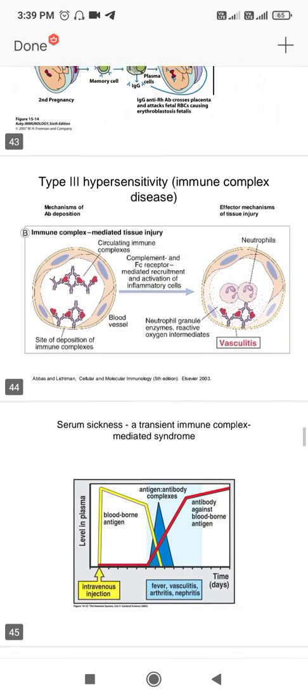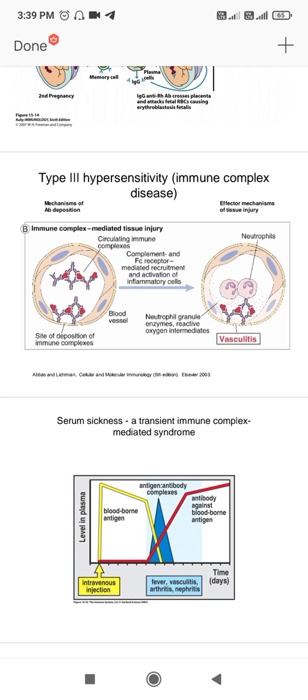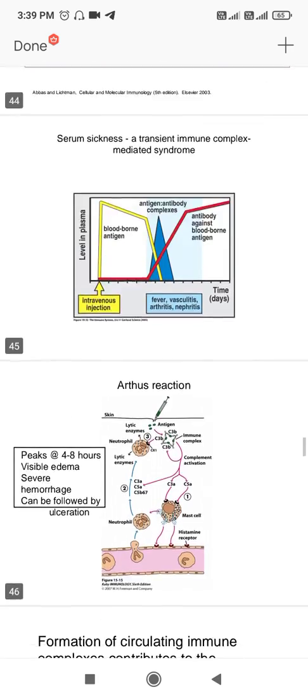In type 3, it is due to immune complex diseases, where the antigen antibody complex is attached with the complement system. They are responsible for showing the effect. Examples are serum sickness and Arthus reaction.